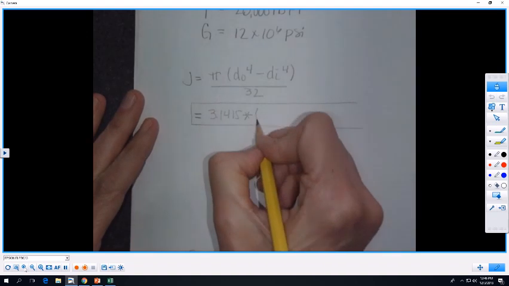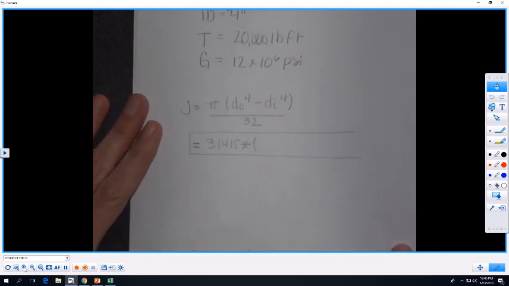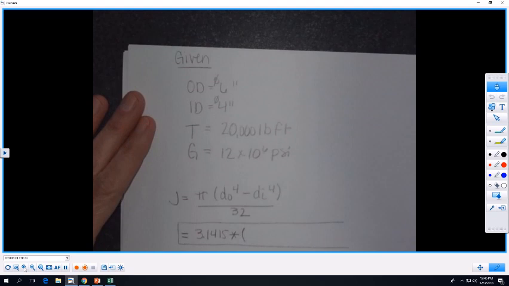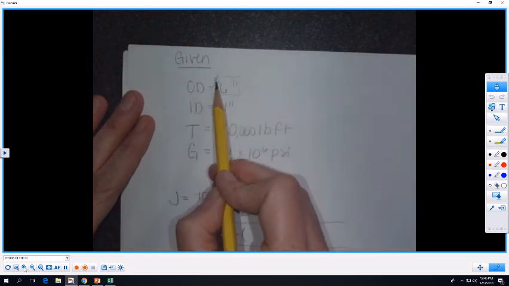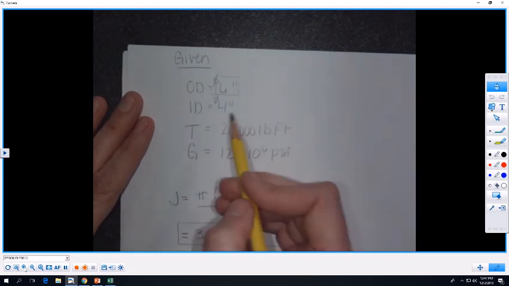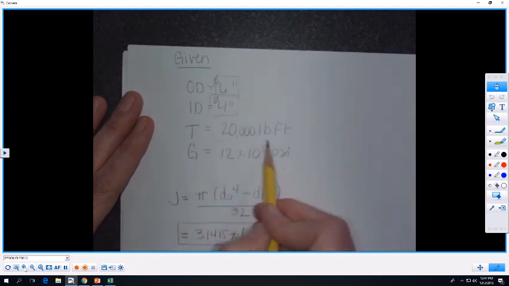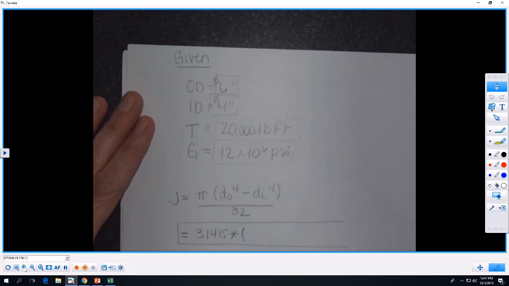And then I am going to use my first parentheses here. Now, I'm going to use the diameter for the OD. Just like in the spreadsheets you use in other classes, I am going to have this 6 in a cell up at the beginning of the spreadsheet as input. Same thing for the 4 inches, the torque, and the G. Those are given variables.